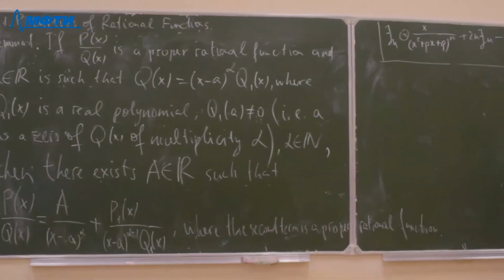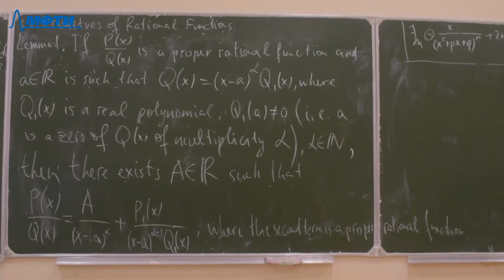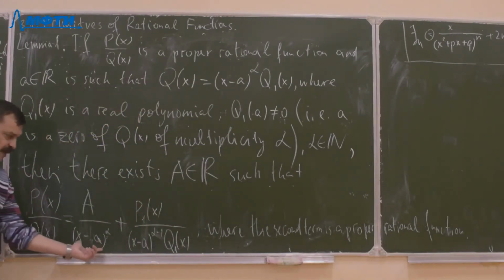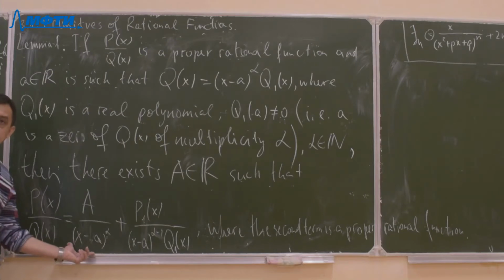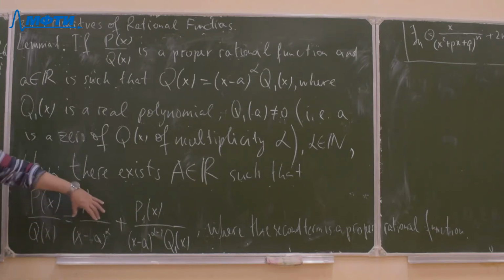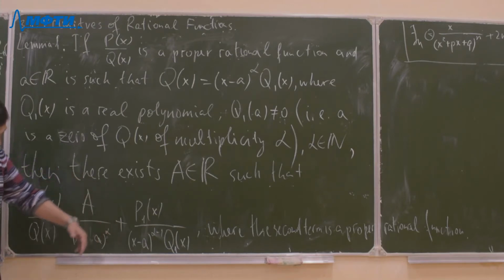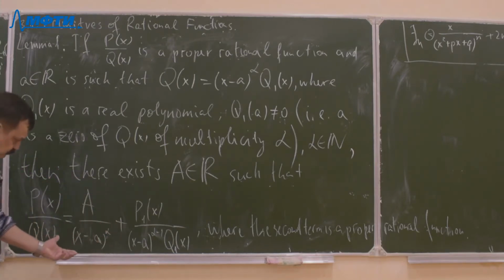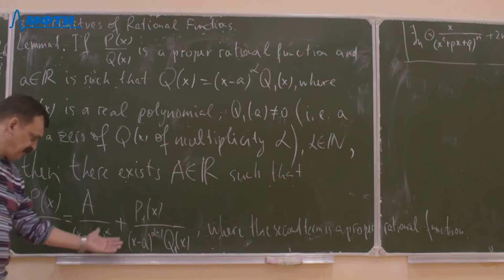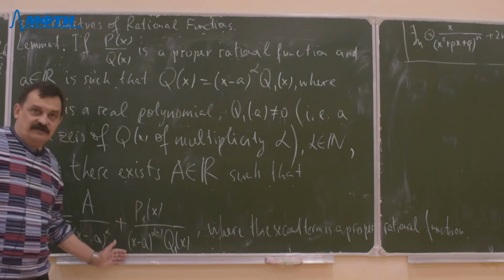So what does this lemma say? Look, if you have here, roughly speaking, a multiplier of this form, then you can find a constant such that you can separate this multiplier from the other, right?